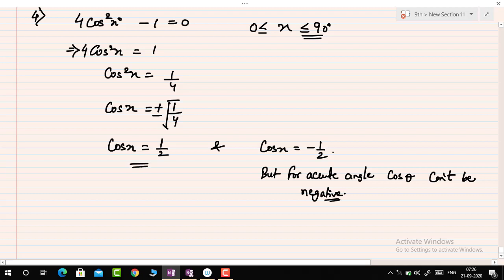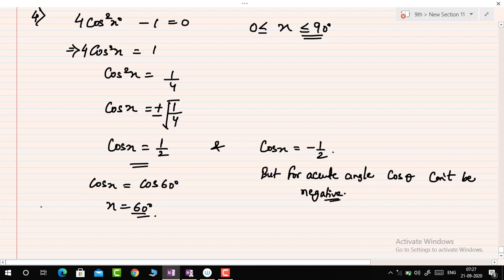So we will accept this value, and we know that sin 30 is 1 by 2, that means cos 60 will also be equal to 1 upon 2. So you can write cos 60 degrees. So on relating, x comes to 60 degrees. So this is the acute angle.